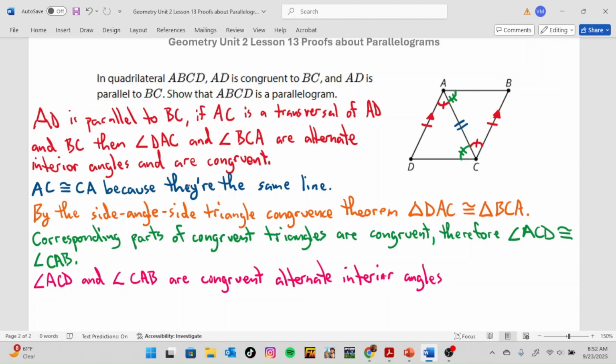Since they are alternate interior angles and they are congruent, therefore AB must be parallel to CD.